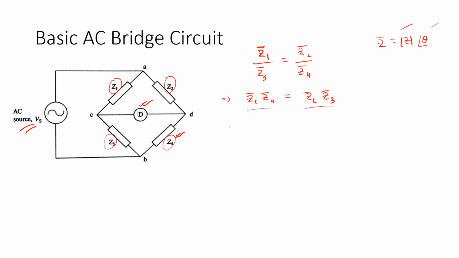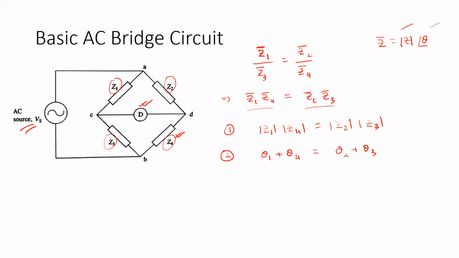In terms of magnitude, we can consider the balance equation to be in the same multiplied form, but when we want to establish the relation between the angles, as they are complex numbers, when multiplying, the angles are supposed to get added, so the relationship between the angles should be this one.